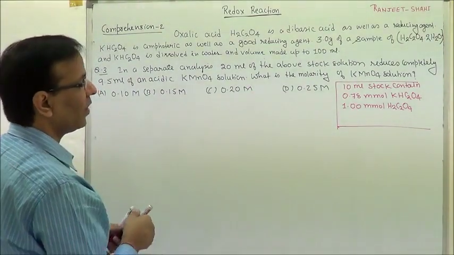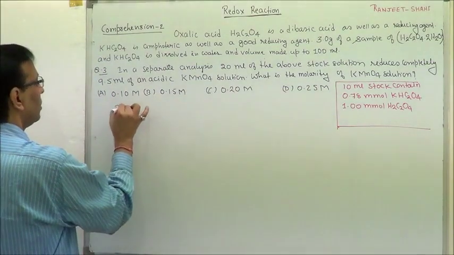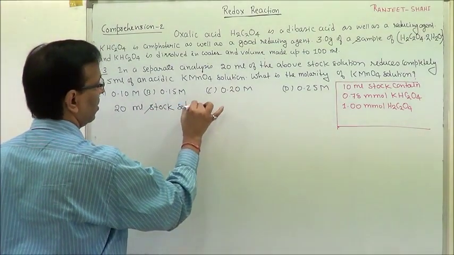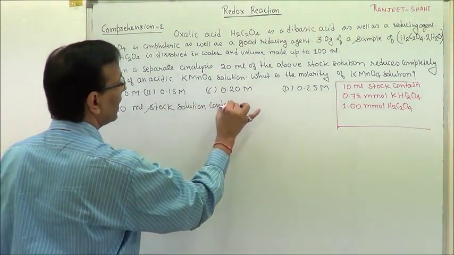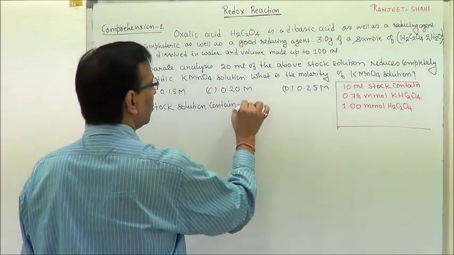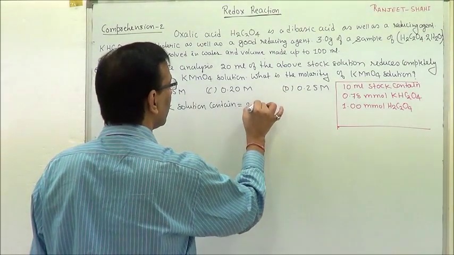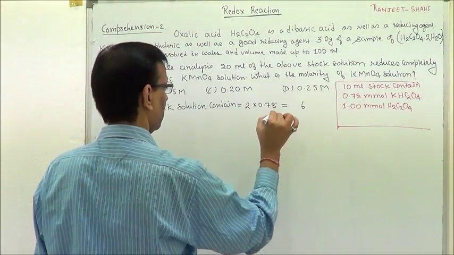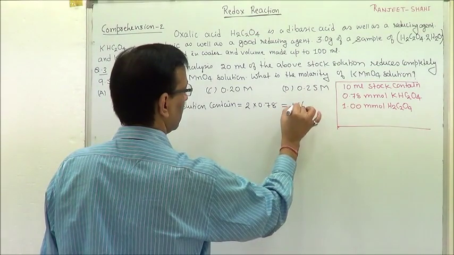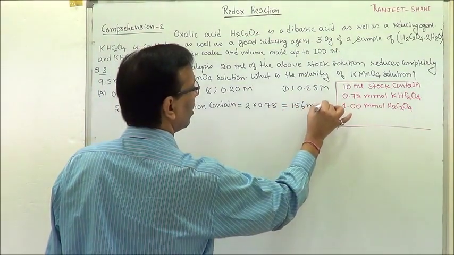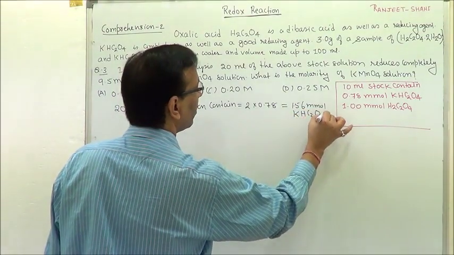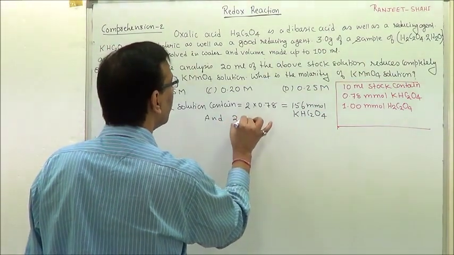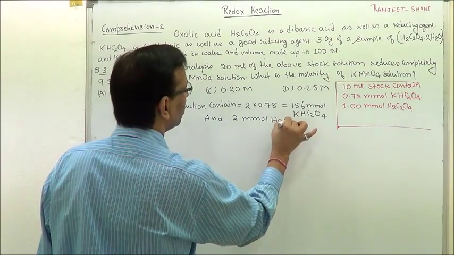So we have information for 10 ml. So 20 ml stock solution will contain 2 into 0.78, so 1.56 millimole KHC2O4 and 2 millimole H2C2O4.